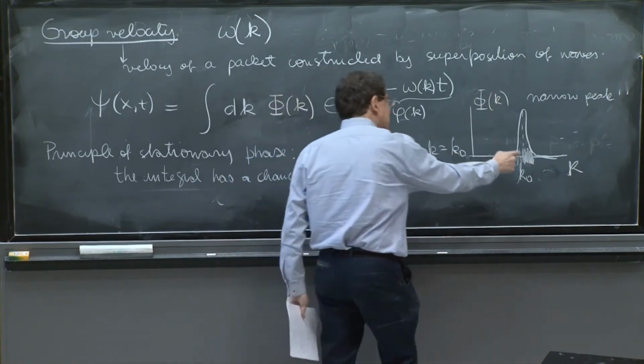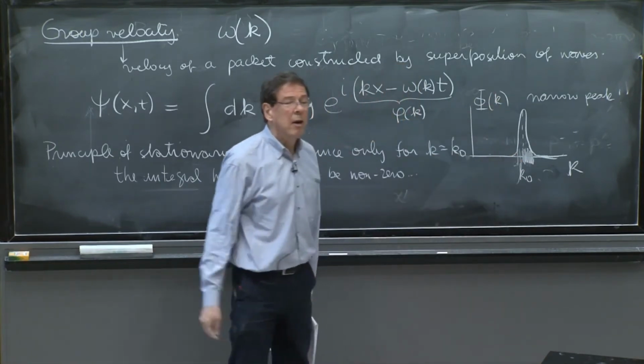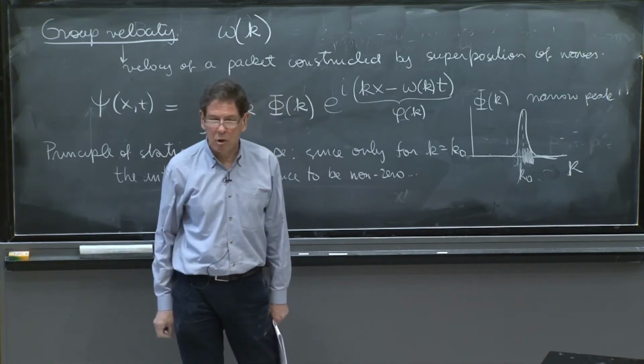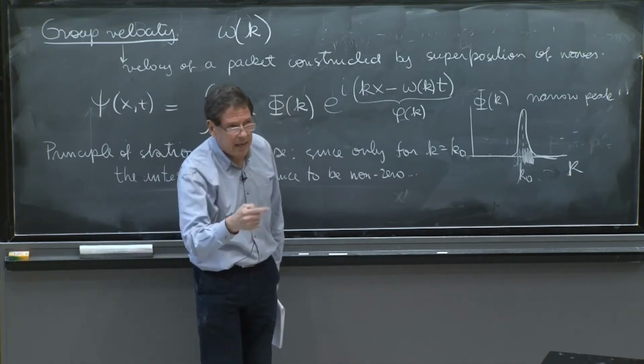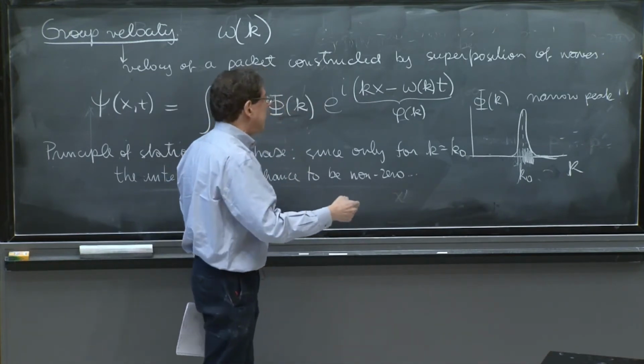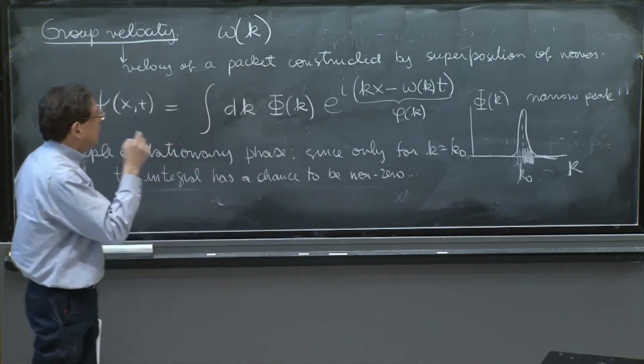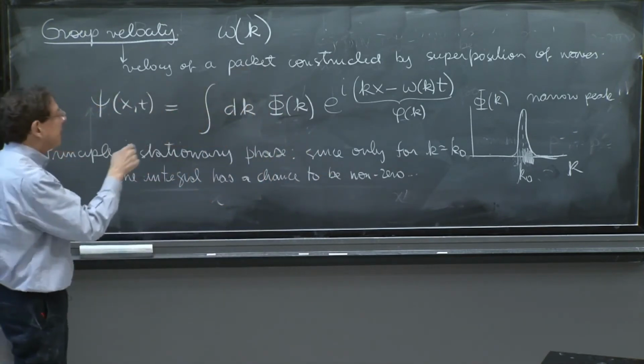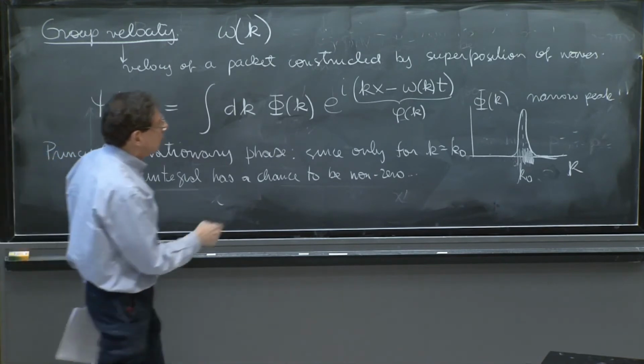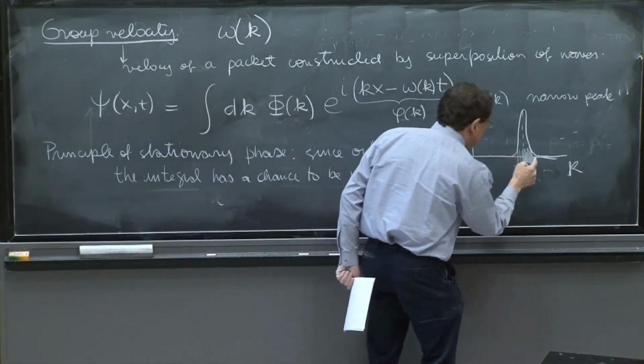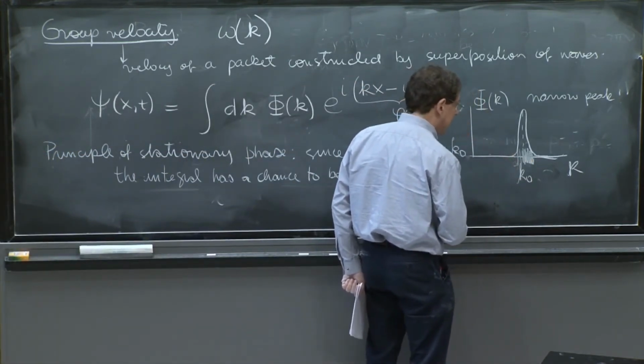So it better stop oscillating there in order to get a contribution. Or, said in another way, only when the phase stops, you get a large contribution. So when the phase stops varying fast with respect to k.